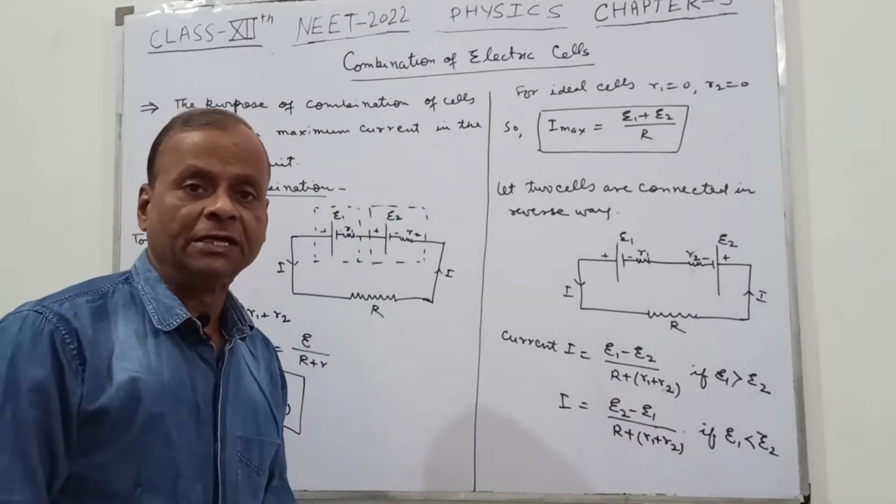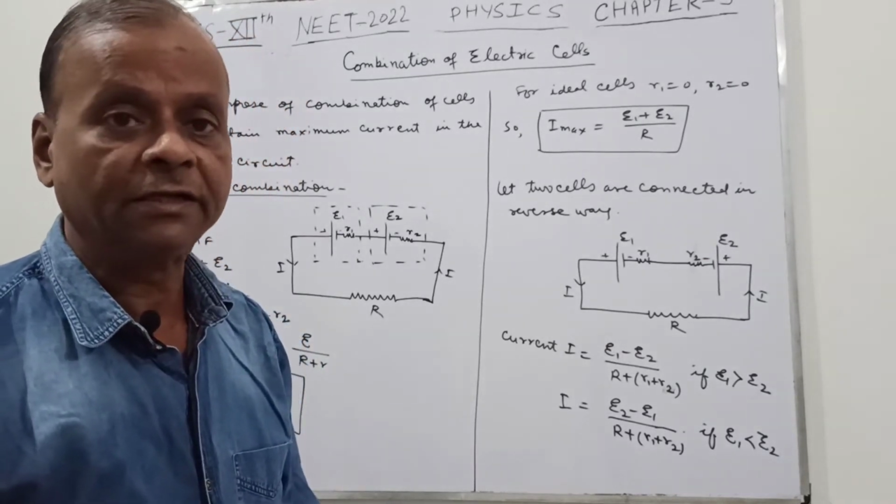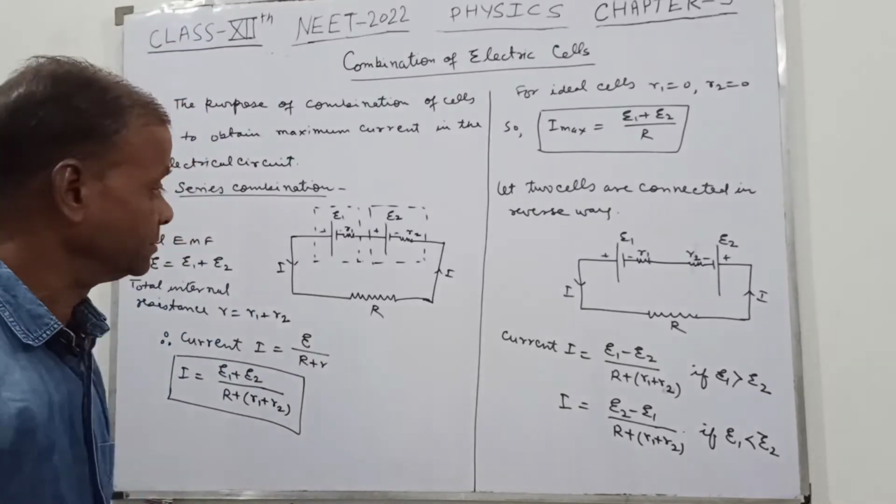Now suppose n cells, each of EMF E and internal resistance R are connected in series. Then what about the current?